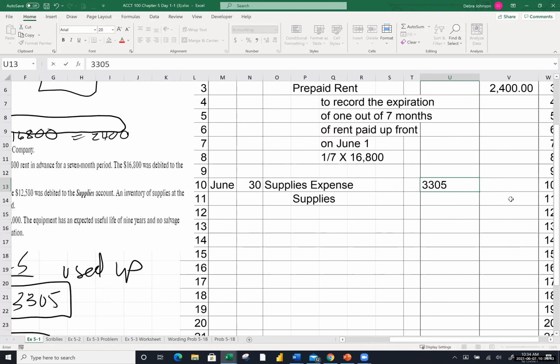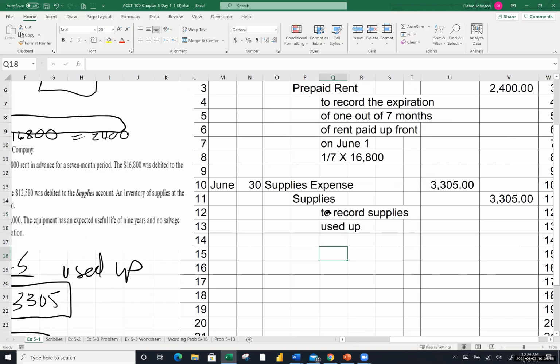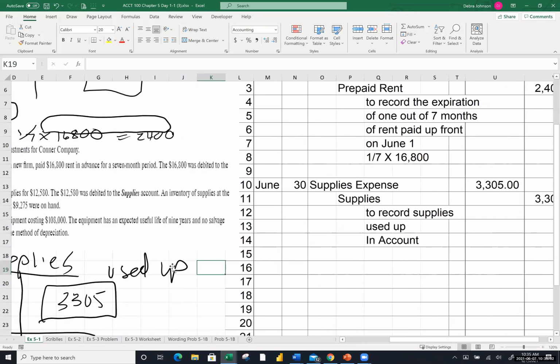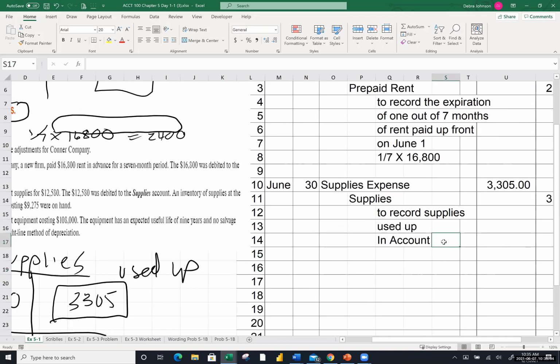That was the amount that we just computed. And if you're wondering how we got that, I'm going to show you. To record supplies used up, I'm going to put in account, and let me go back and recreate what my T account said, 12,580.